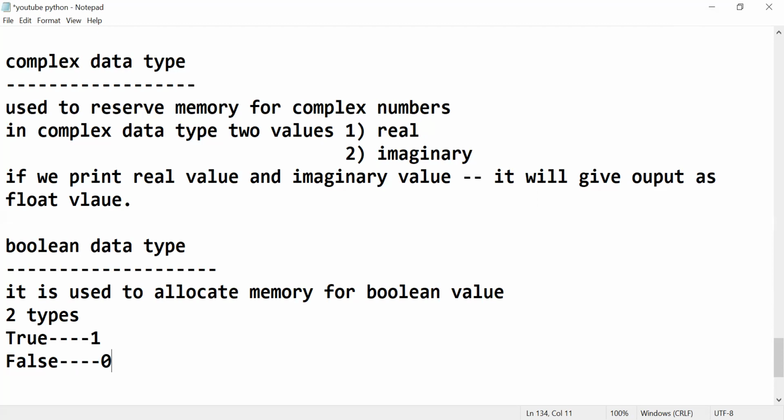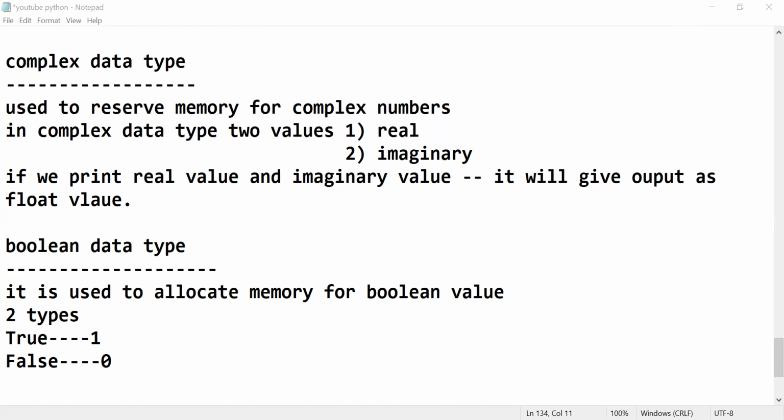Now I will execute and show you, then you will get clarity. See, guys, here I am typing true. Suppose I take c equal to true, type of c, we are getting Boolean.